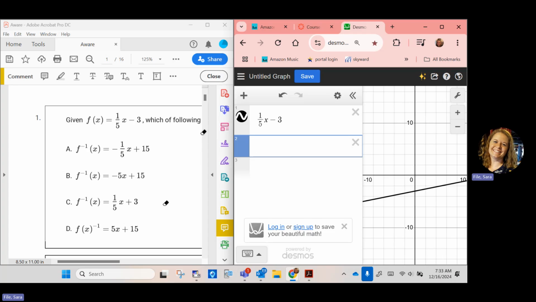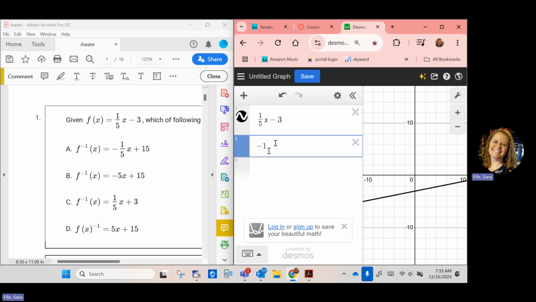First of all, remember when we write the inverse, we write it f and then the little -1 superscript and then x. So D is written incorrectly, the format of the function notation. But let's check the rest of these.